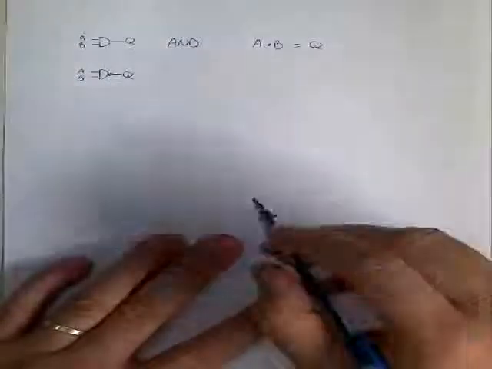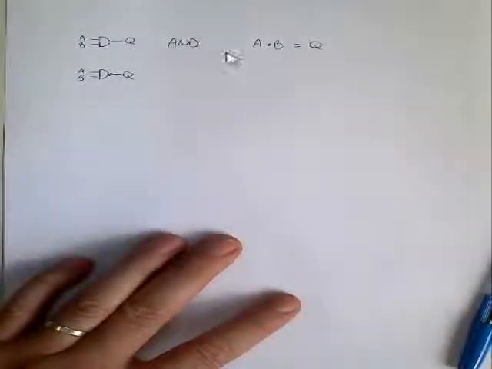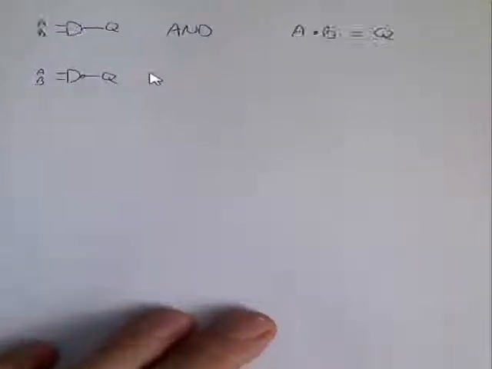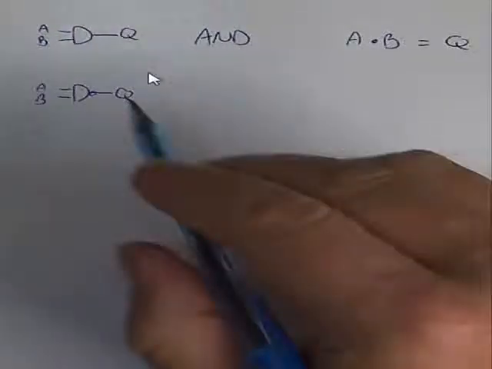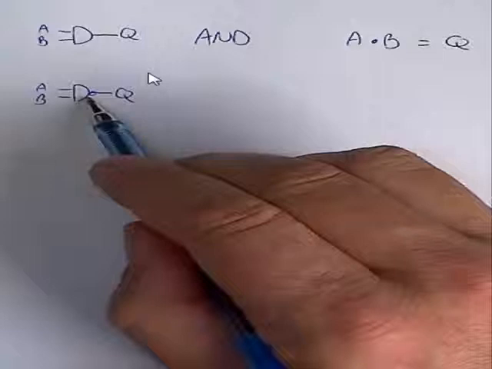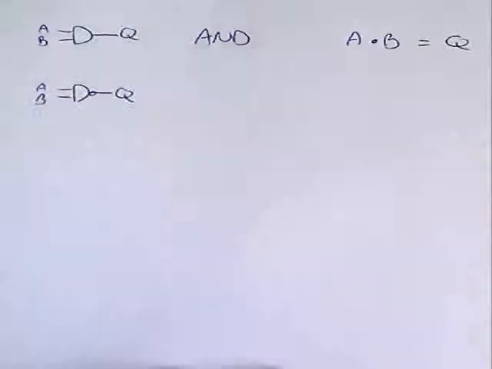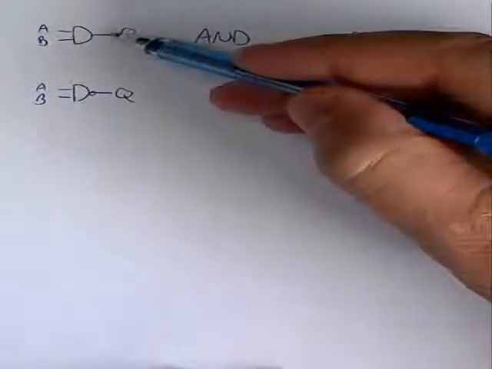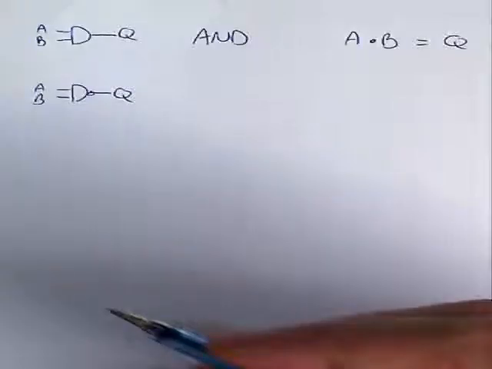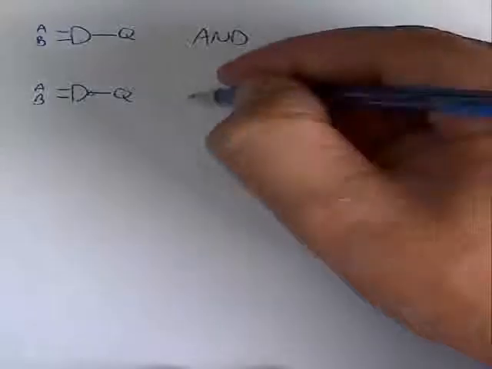It looks like a circle. So this is the main difference to indicate between an AND gate and a NAND gate. An AND gate just has the output there, and a NAND gate has the circle on it to indicate that it's inverted.